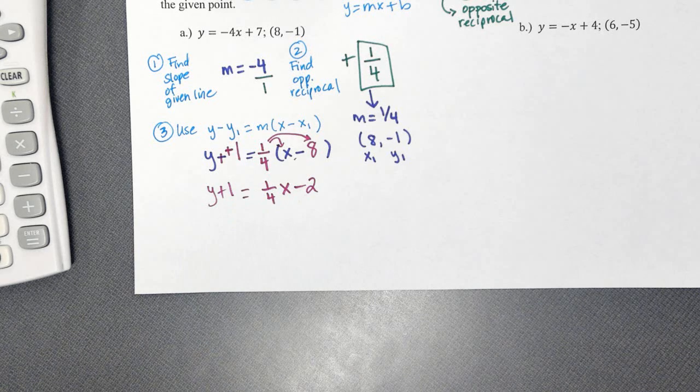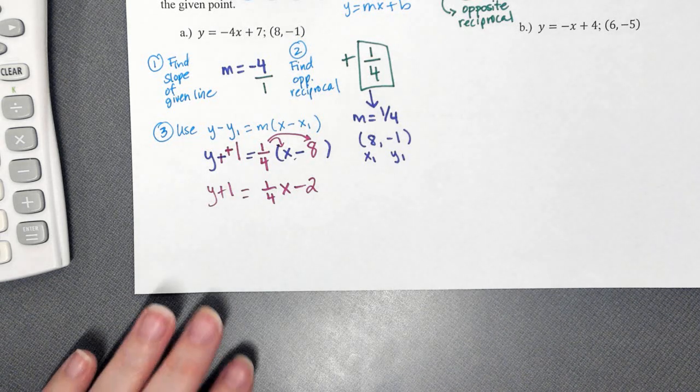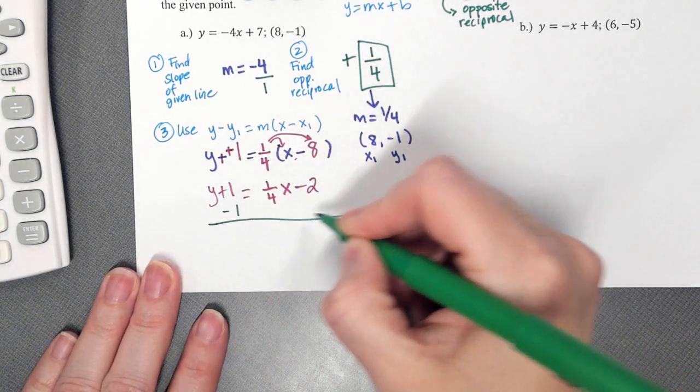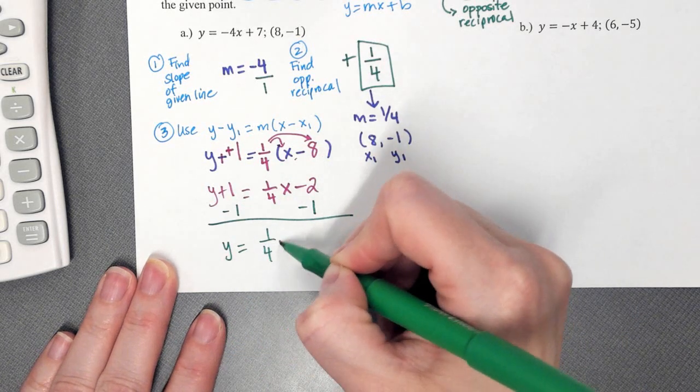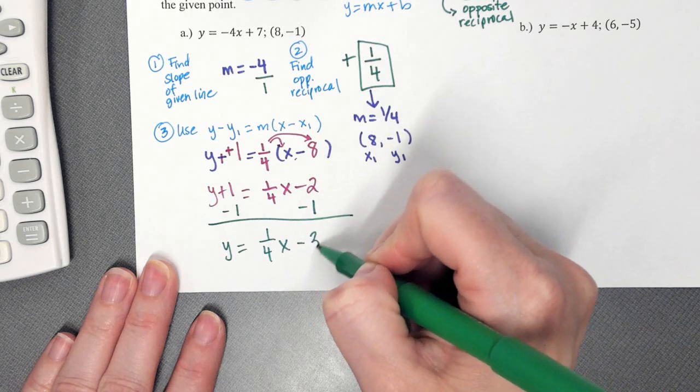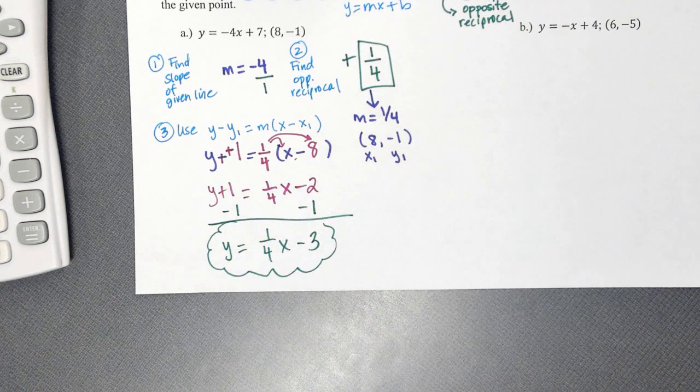Okay, and then Jojo, what's our last step? And remember, whenever you're doing that last step, you're always going to line up those numbers together. And there you go.